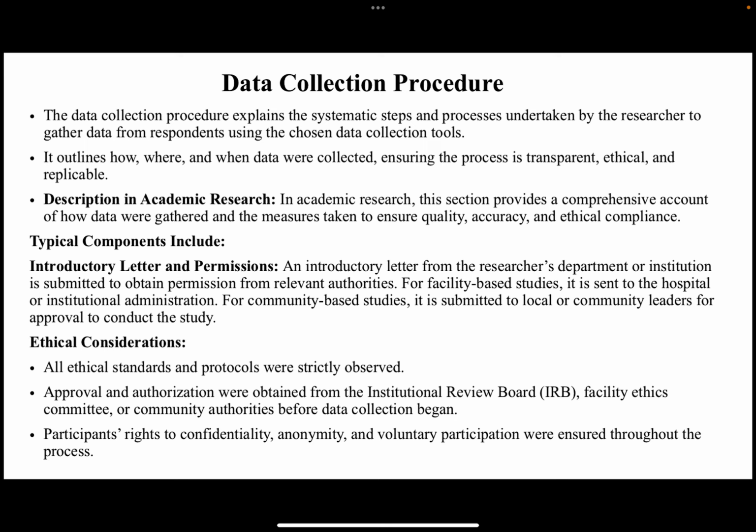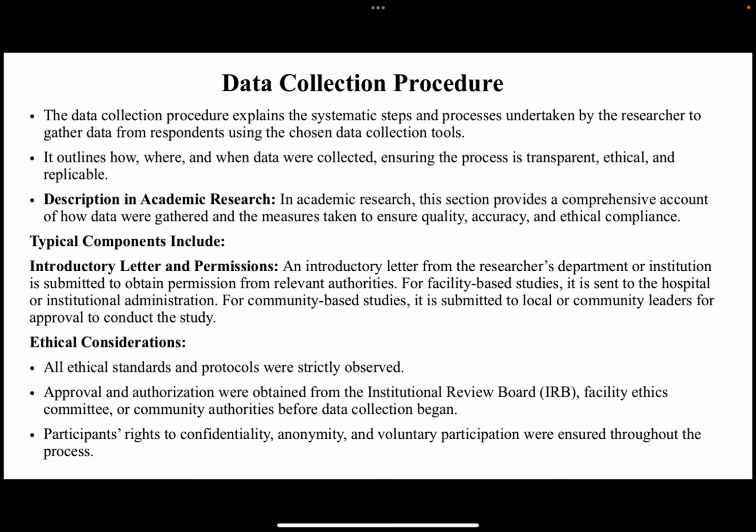Now, when you are describing data collection procedure, one key thing you have to concentrate on and make sure you've explained properly is ethical clearance. Ethical clearance. Okay, now let's look at what key areas you should consider when you are describing data collection procedure. The first area you have to consider is introductory letter and permission.